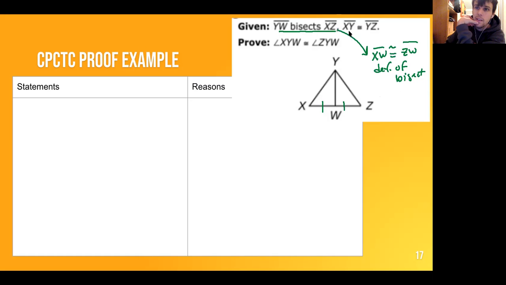The other thing is XY is congruent to YZ. Okay. We also have a shared side. So we do have congruent triangles by SSS because of a shared side. So YW is congruent to YW, shared side.